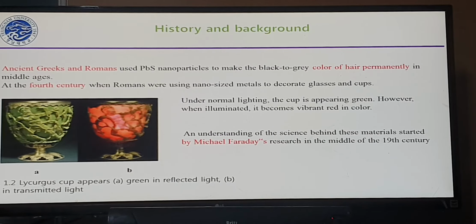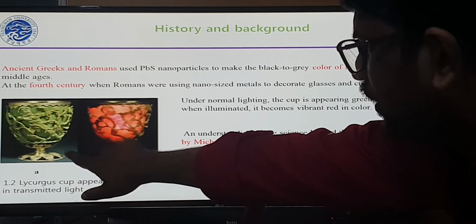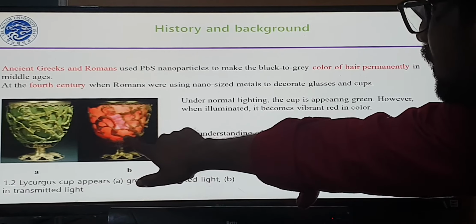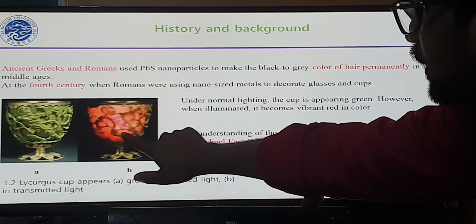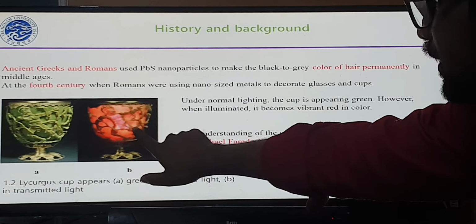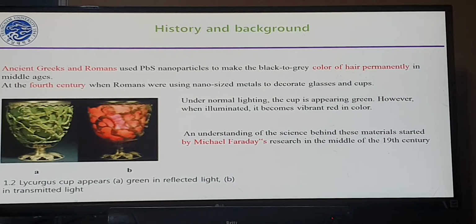Under normal lighting the cup appears green, but when illuminated, it becomes vibrant red. For example, this cup is usually green, but if it is illuminated by light, the same cup is seen in red color. So it is the same material, but with the use of nanomaterial coating, you can observe it differently.